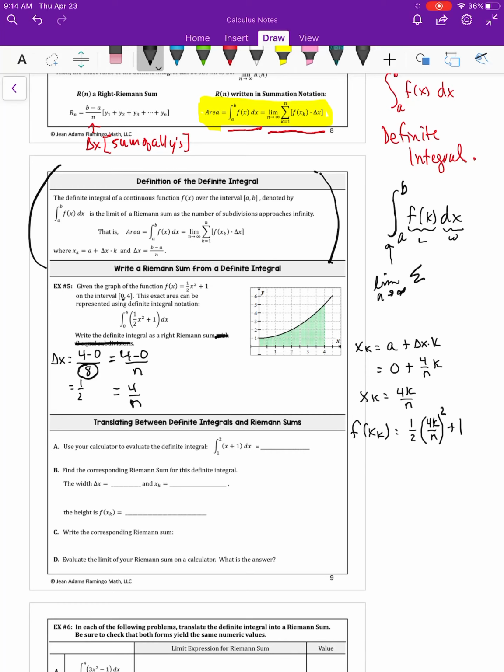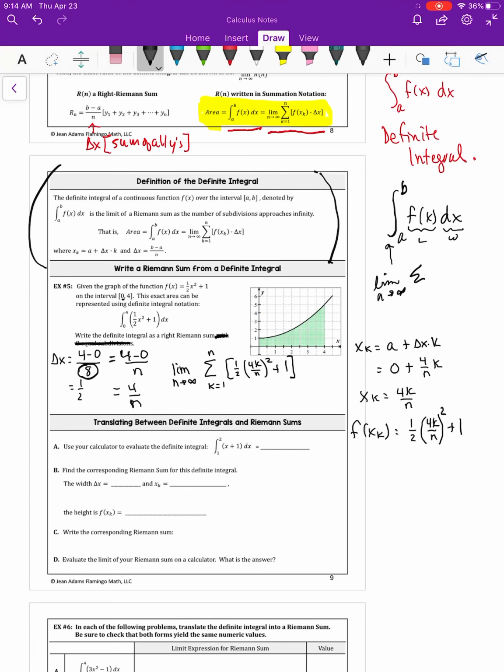And so now your f of x sub k, well, your function is 1/2 x squared plus 1, and you would put your 4k over n in for the x. That was your function, 1/2 x squared plus 1. So we're putting that x sub k in wherever the x is in your function.